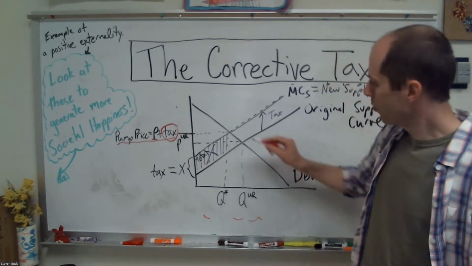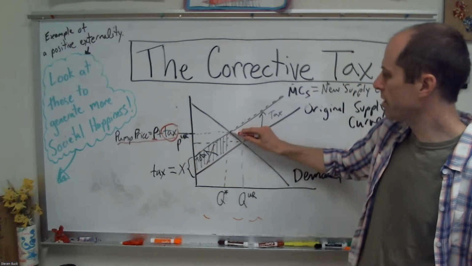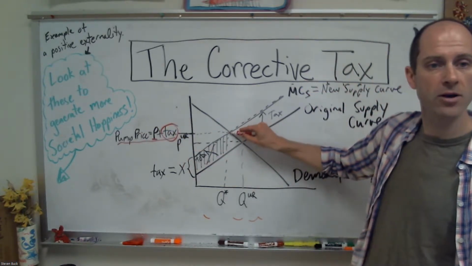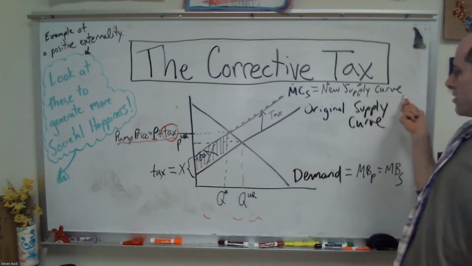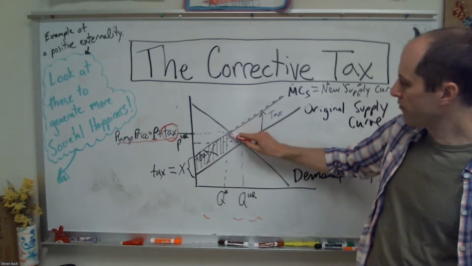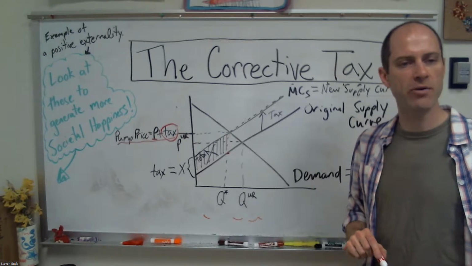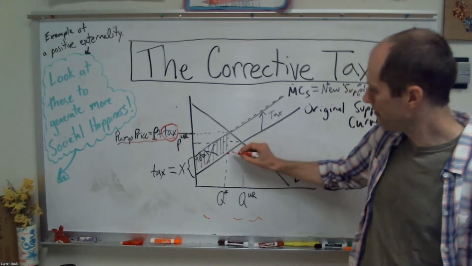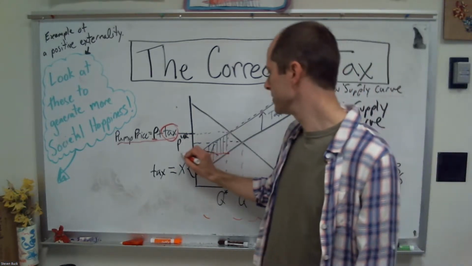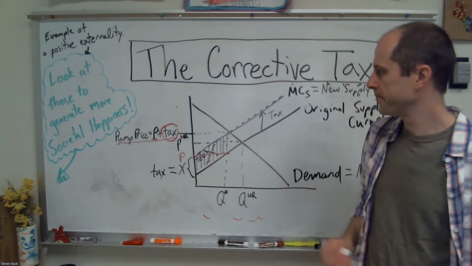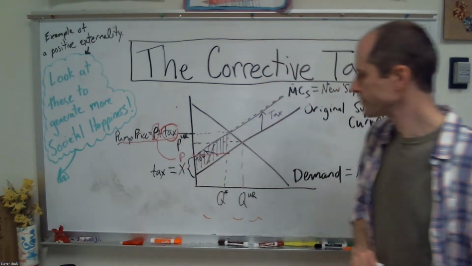Why is that? Well, if we look right here, this is where the pump price intersects the demand curve and the new supply curve. But if we go down, we see that the revenue that's actually generated for the producer is based on this price, P. These guys are the same.